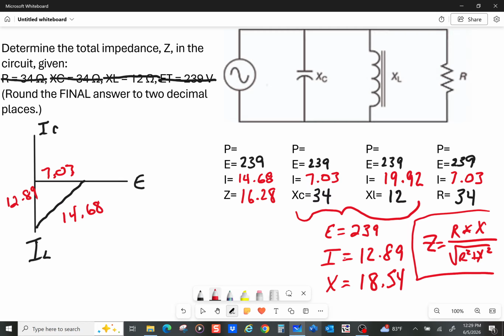But another way that we can get to this value here is called product difference. Let me write it down first: XC times XL divided by the quantity XC minus XL.